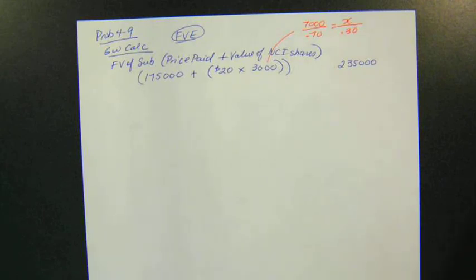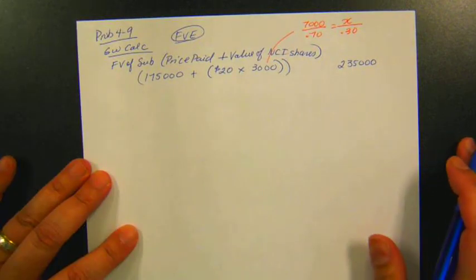Now, you will notice in the text, especially in the solutions, they show you one section for the parent, one section for NCI. That's just confusing. Just do it all in one. Okay? As long as you get the same goodwill, you're good. Okay, what's next?